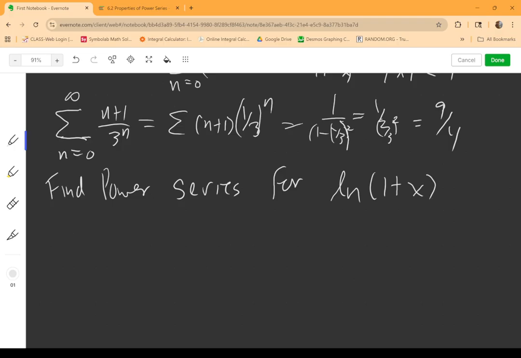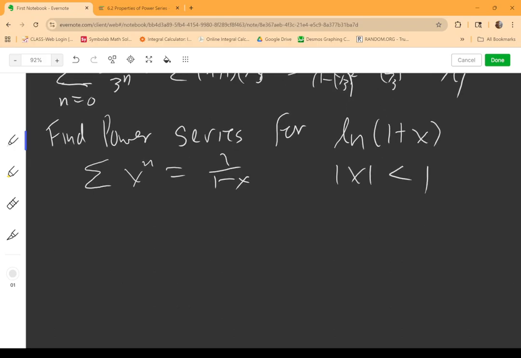Again, as of now, I just have that, always refer to this one, for now, where it converges when the absolute value of x is less than 1. First I want to identify that ln of 1 plus x is actually the integral of 1 over 1 plus x dx.